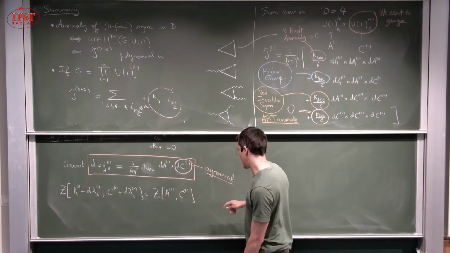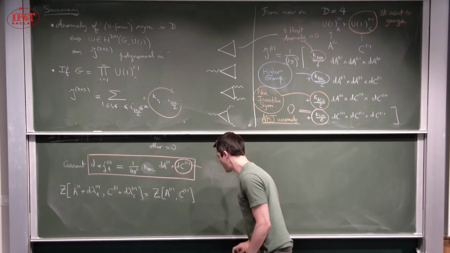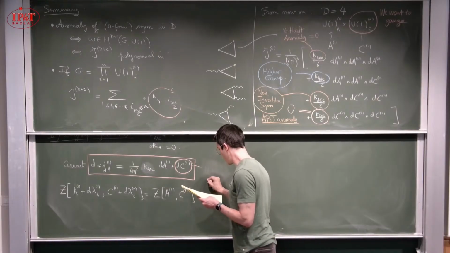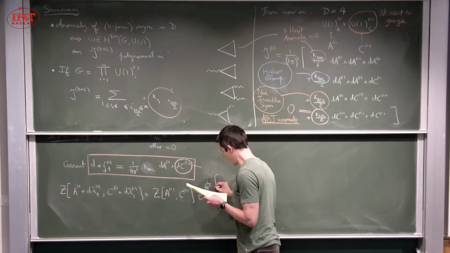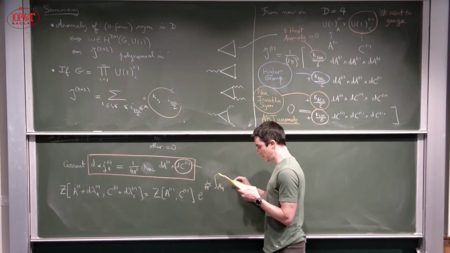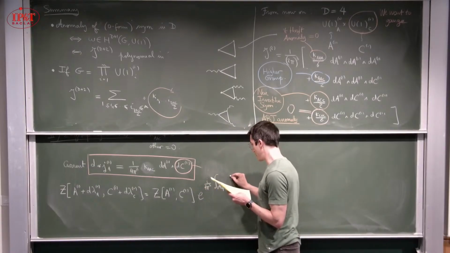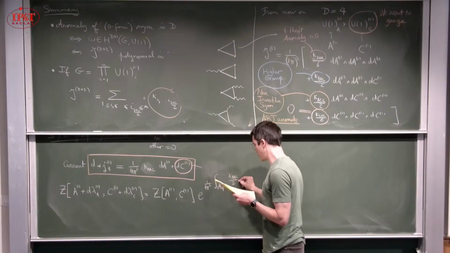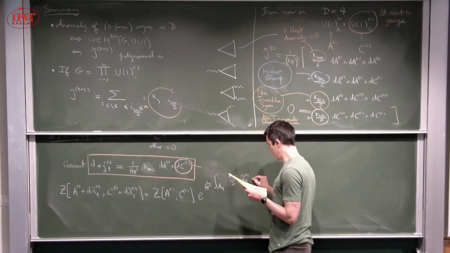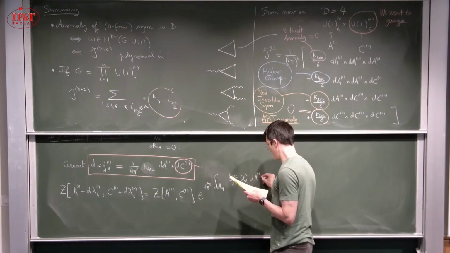And then I have the anomaly, i over 4 pi squared, integral over M4, now in 4 dimensions, of the coefficient K_AAC over 2, lambda_A dA dC.